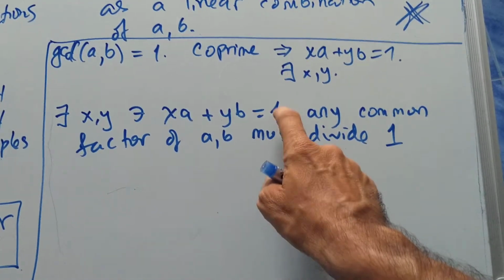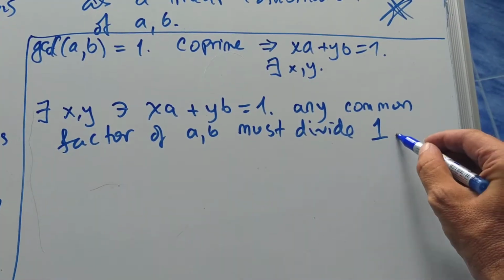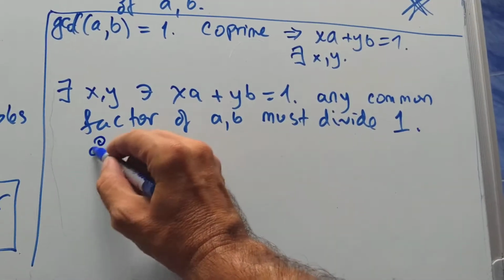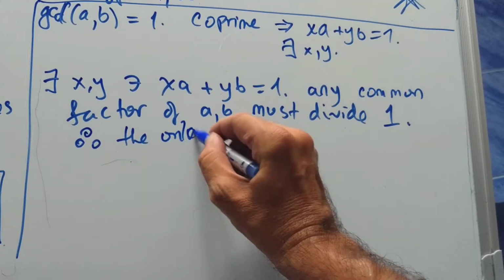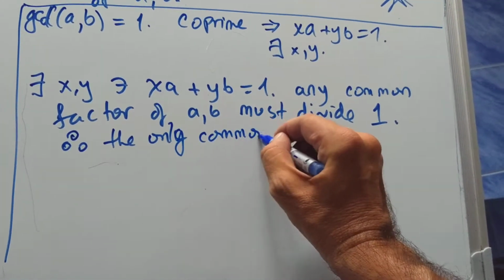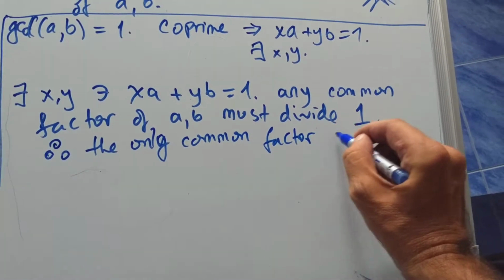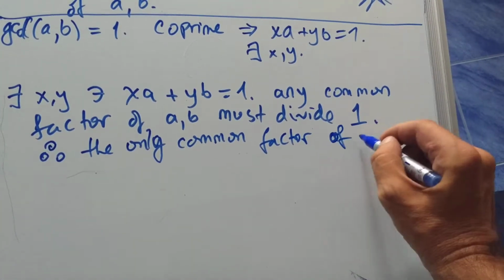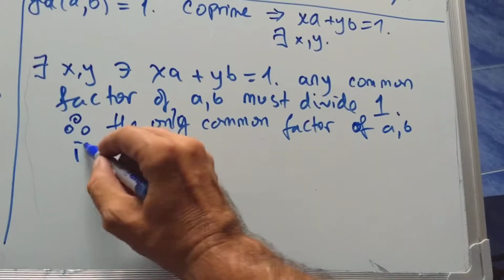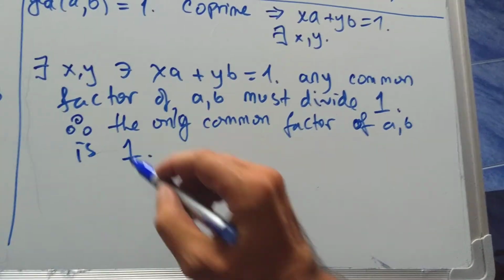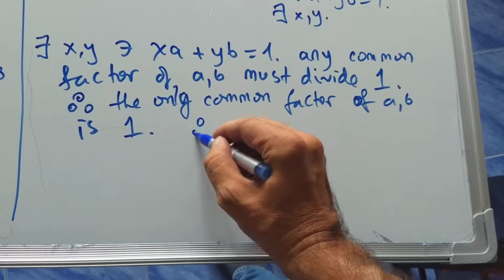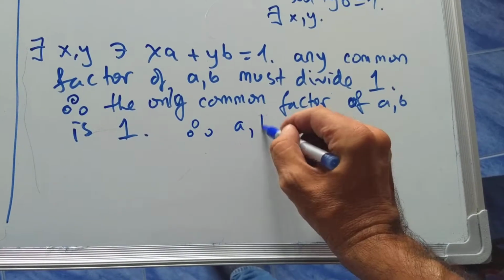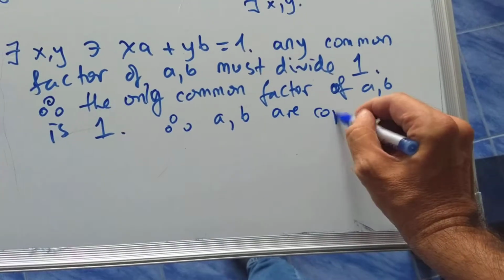But the only number that divides 1 is 1. Therefore, the only common factor of A and B is 1. This implies A and B are coprime.